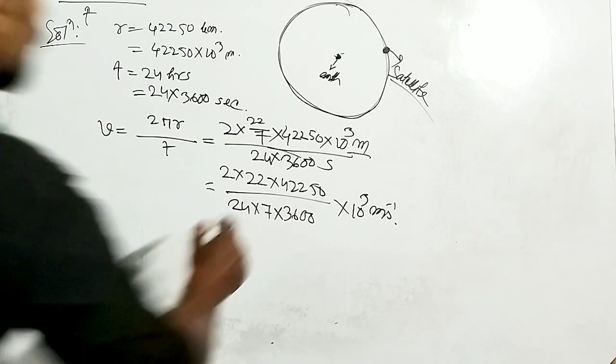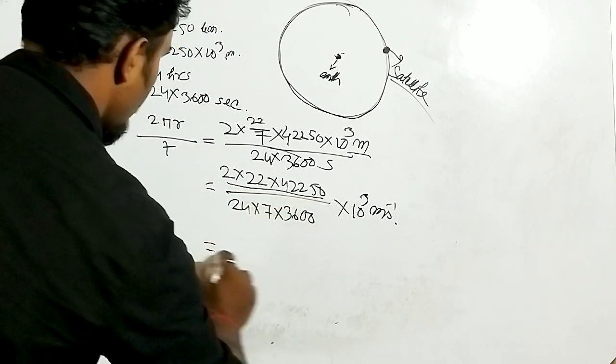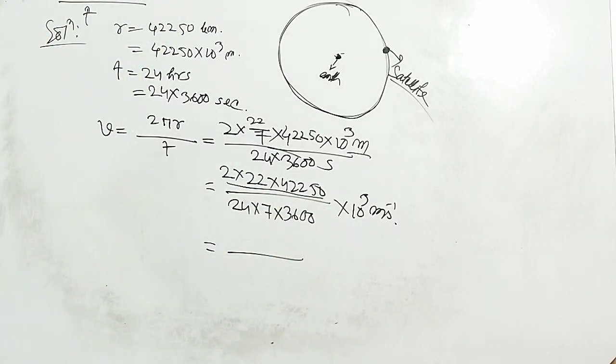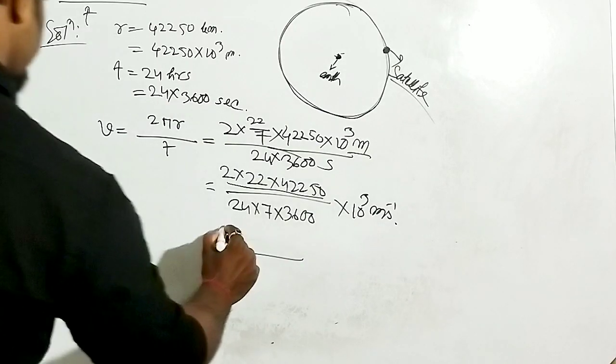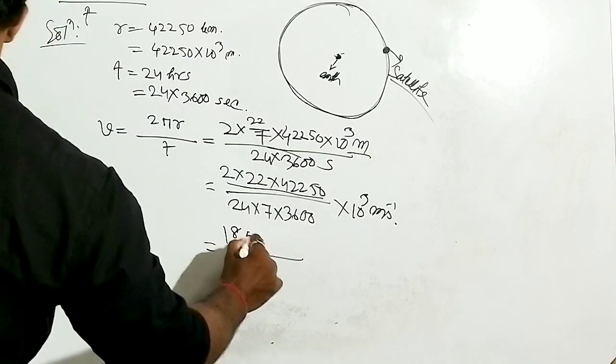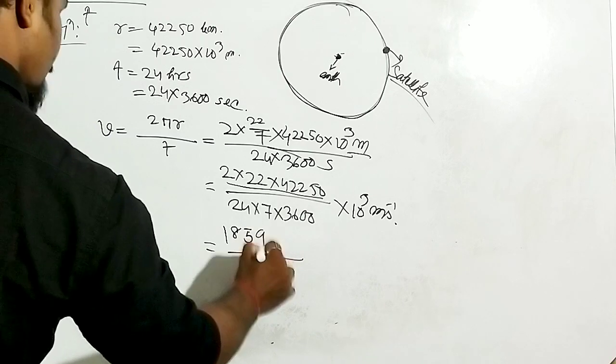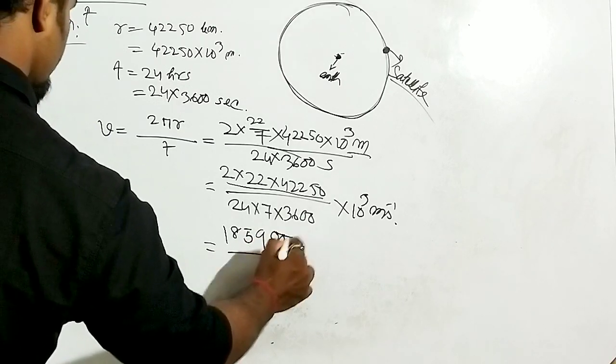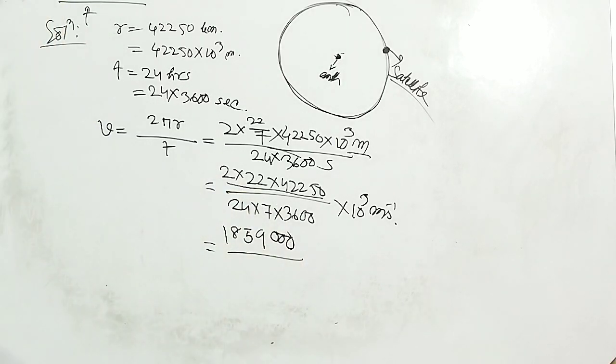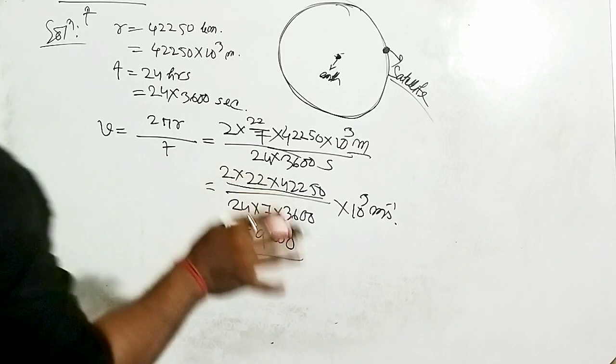So if we try to solve this, it will be almost 1859000. I have already solved it down, otherwise if I try to solve here, it will take lots of time. That's why I solved it earlier.